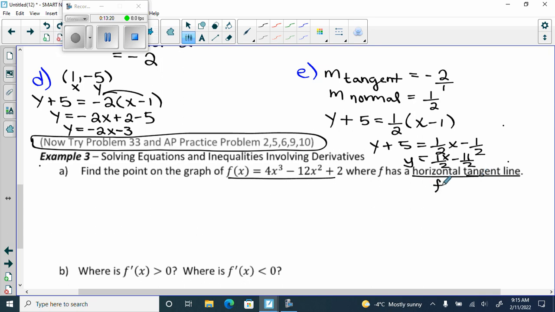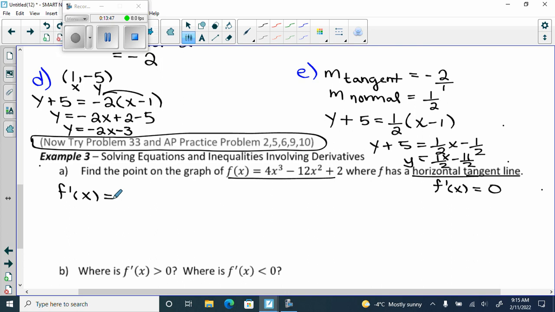So we want f prime of x equals 0. Whenever they want the points where there are horizontal tangent lines, we set the first derivative equal to 0, because the tangent slope of a horizontal line would be 0. So we have to first find f prime of x, because we can't set it equal to 0 when we don't have it.